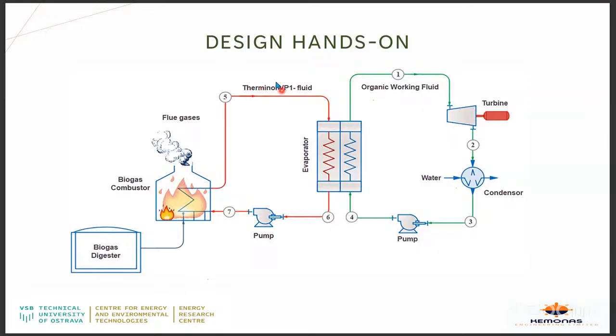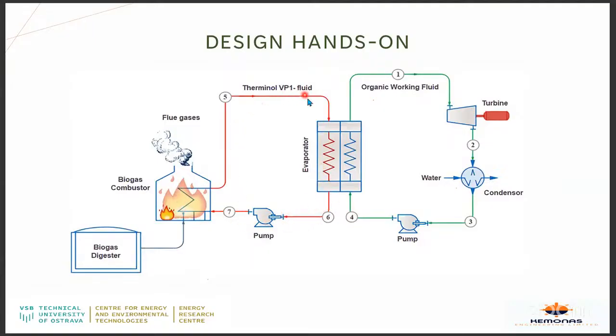So, what do we have here? What is this? This is oil. Therminol VP-1 fluid is oil. This is a very common oil used in the industry, and it's being circulated by a pump.